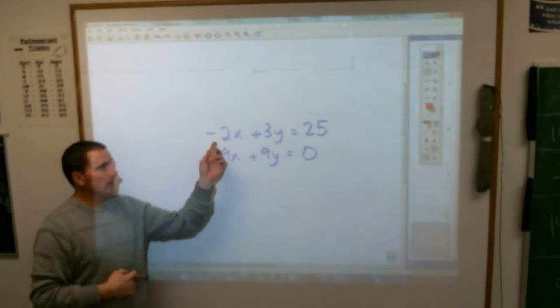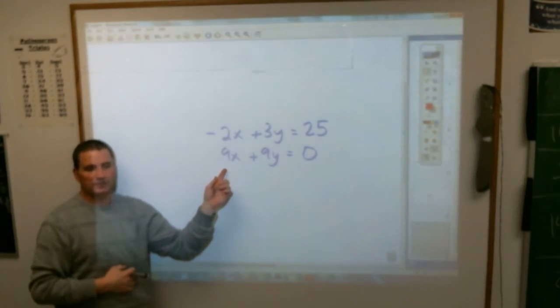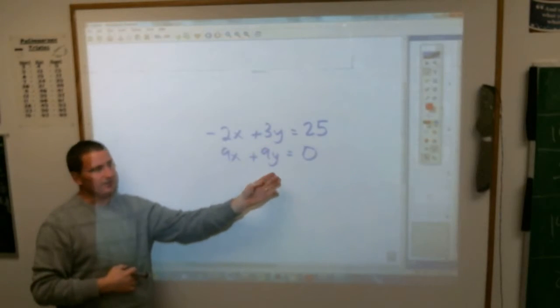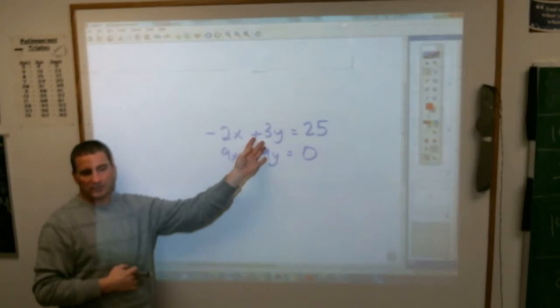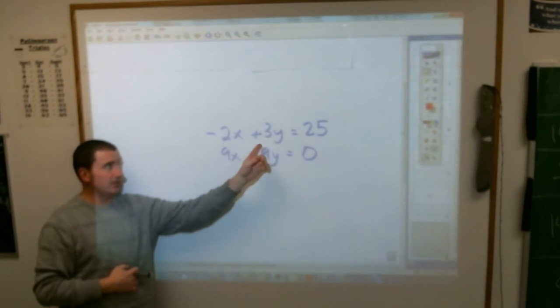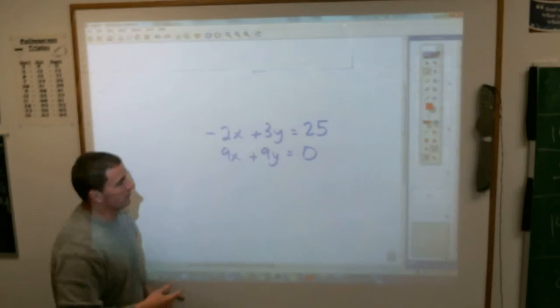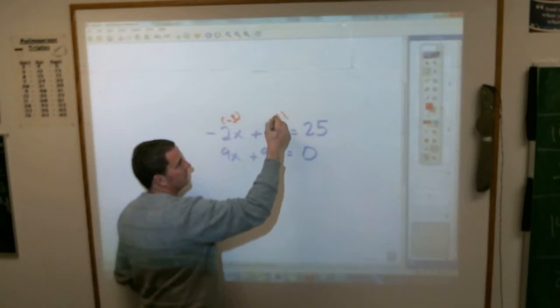If I have a negative 2 here, to get x to go away I'd need a positive 2 there. That doesn't look very easy. If I look at the y's, I have a 9y on the bottom, so the top would have to be negative 9. How do I get 3 to become a negative 9? Multiply everything by a negative 3.